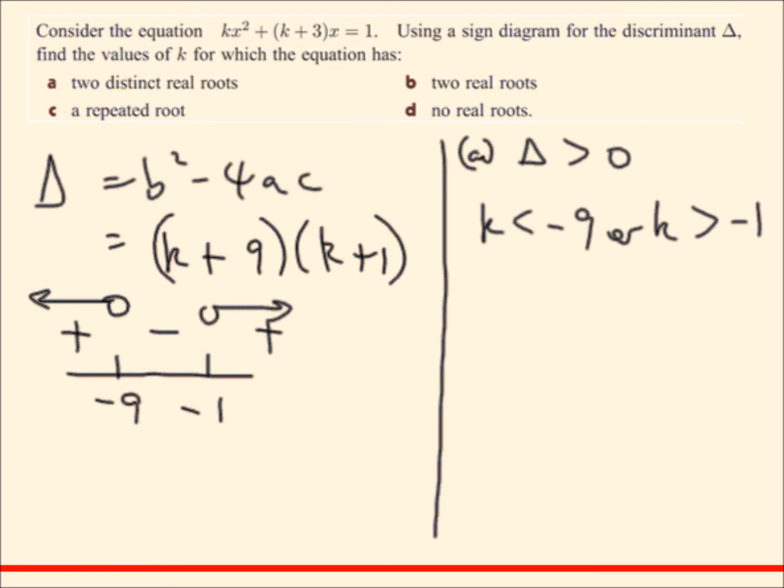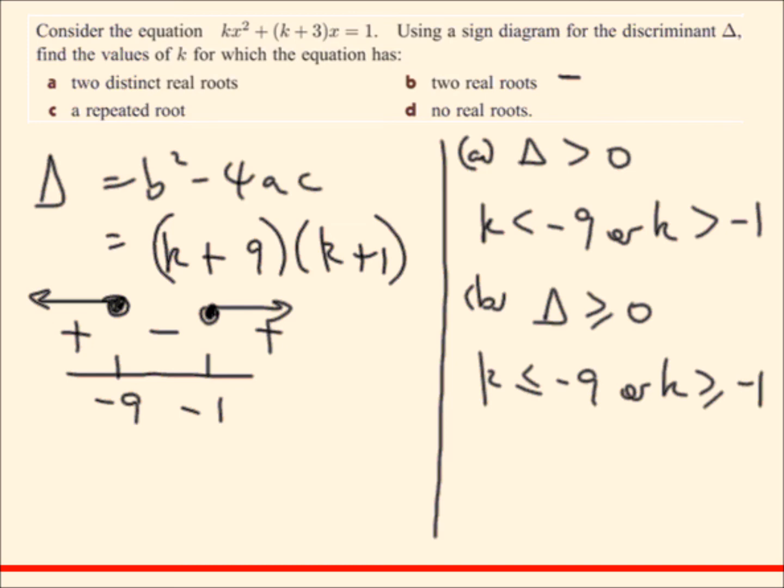Now part B, two real roots. That means we can have two distinct or two repeated roots, which therefore means we have greater than or equal to 0 for our discriminant, which means it's the same result as part A, except our circles are now coloured in, so therefore our expression will have less than or equal to and greater than or equal to.